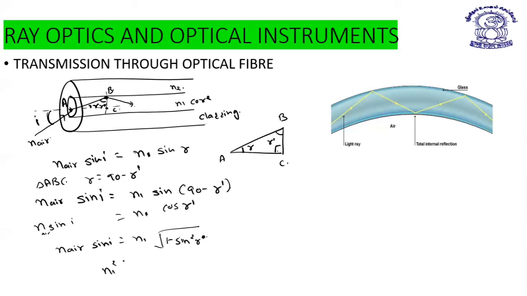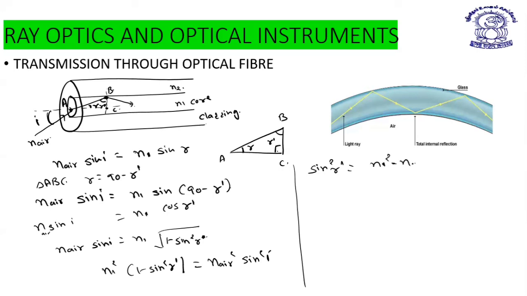So taking square on both the sides, N1 square into 1 minus sine square R dash is equal to refractive index of air square into sine square I. Sine square R dash will be equal to N1 square minus refractive index of air square into sine square I divided by N1 square.